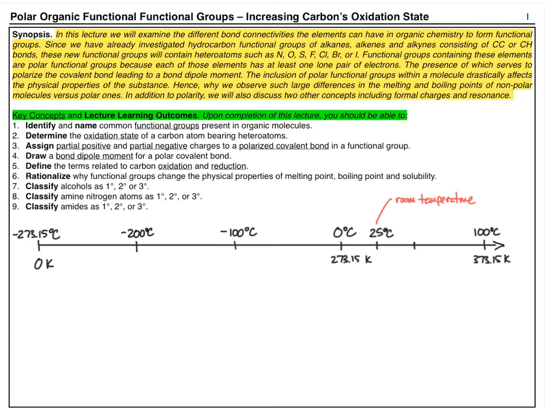So on our first slide here, to understand the big picture of what we're doing, let's consider comparing the physical properties of methane versus water. Methane is CH4. Water is H2O.